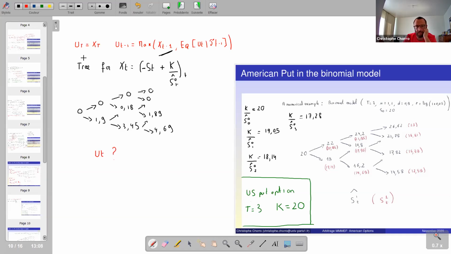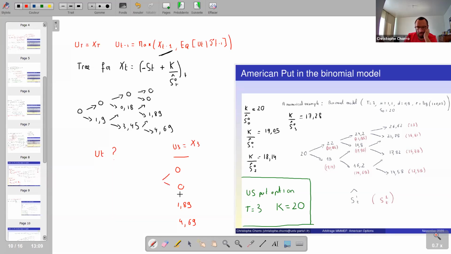First of all, I know that at time capital T equal to 3, UT is equal to x3. So U3 is equal to x3. I can build the tree for you: 0, 0, 1.9, 4.69. I don't have the choice here because U3 is equal to x3.